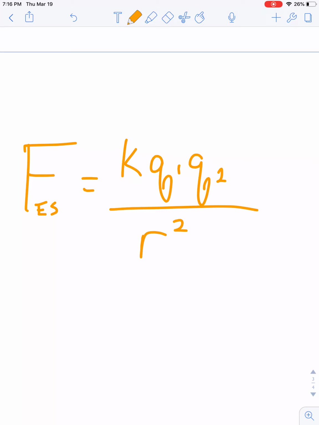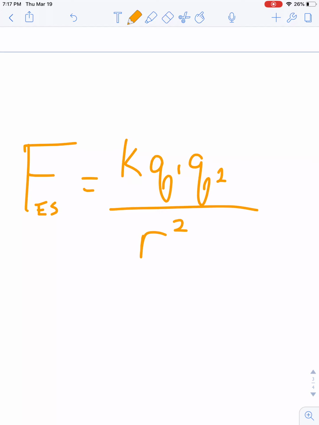Now, the radius is on the bottom half of this fraction. Therefore, it's going to have an inverse relationship. If the distance increases, if those charges get further apart, the force is going to decrease dramatically. Because radius is squared, it's going to have a greater effect on force than the amount of charge.